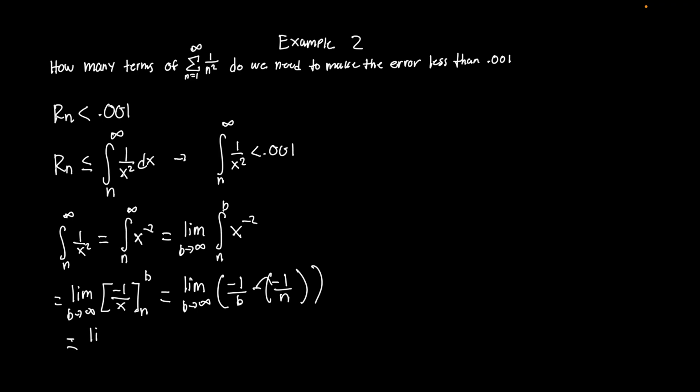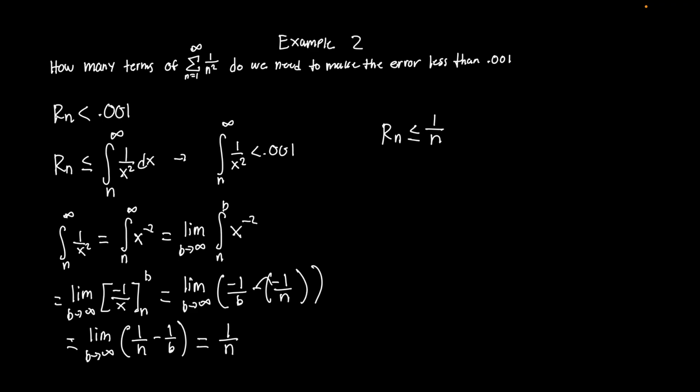The limit as b approaches infinity of 1 over n minus 1 over b. You plug in infinity for b, that just goes to 0. So it's going to be equal to 1 over n. So the upper bound for r sub n, or the error, is just equal to 1 over n.